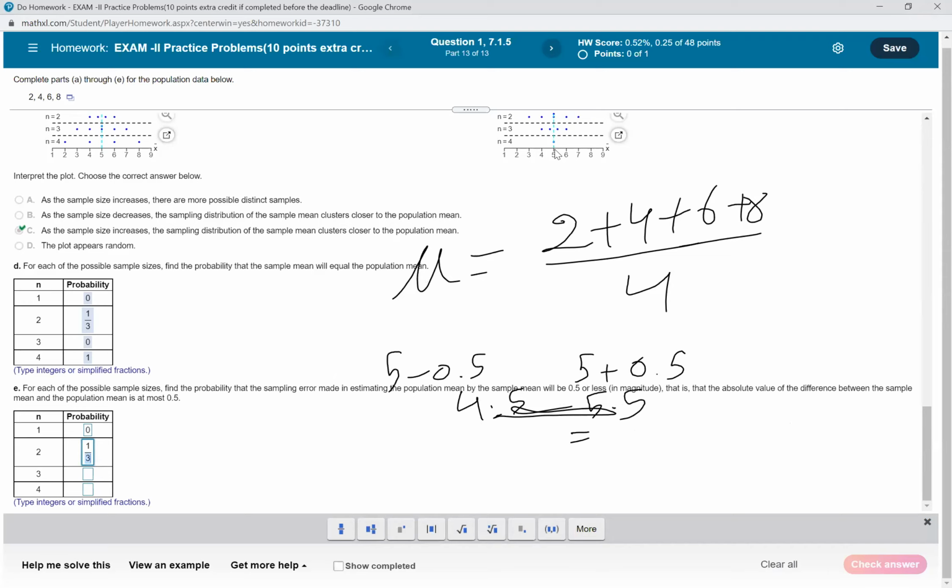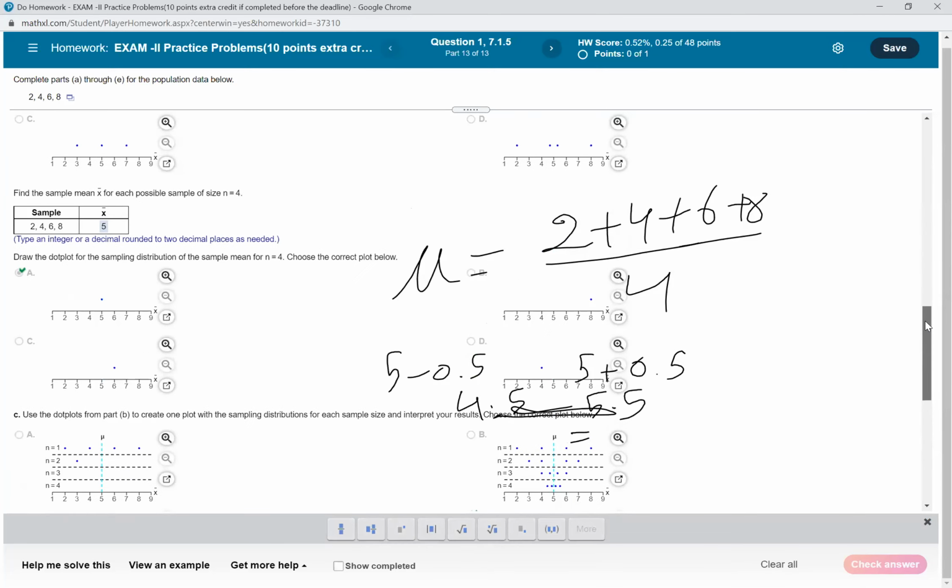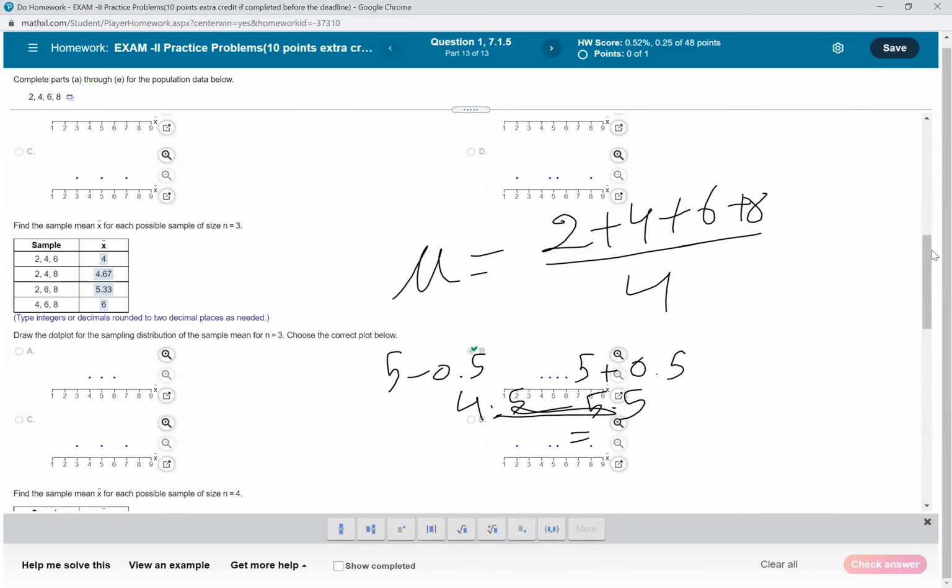And for this one, how many numbers are between 4.5 and 5.5? Yeah, this is 4.67, which is within 4.5 and 5.5, and we have 5.33, which is also within.